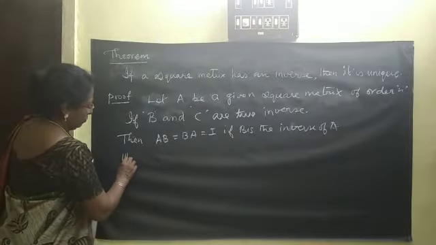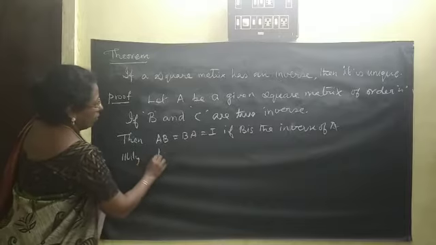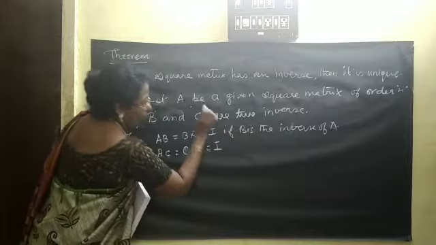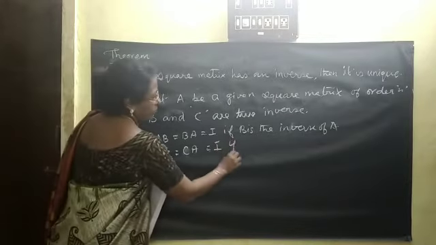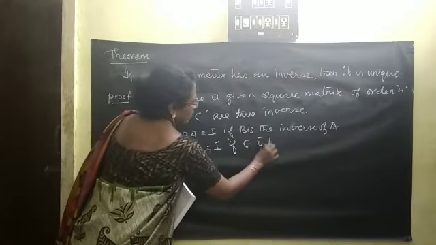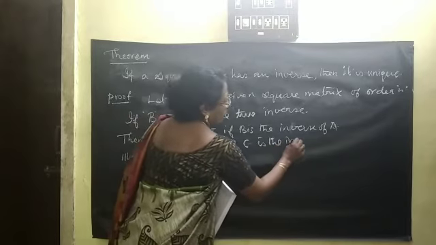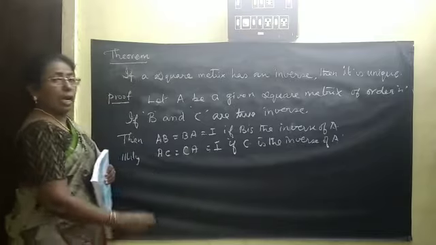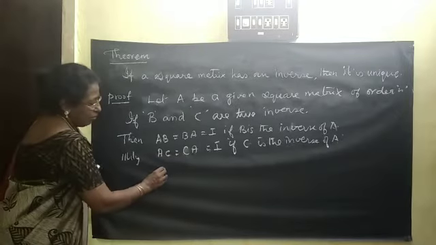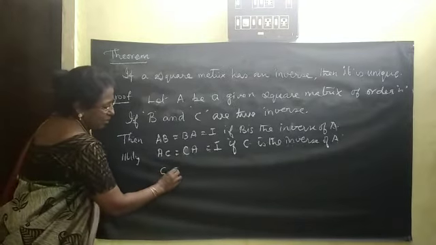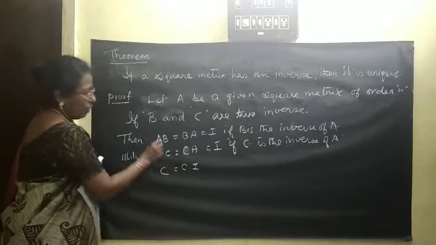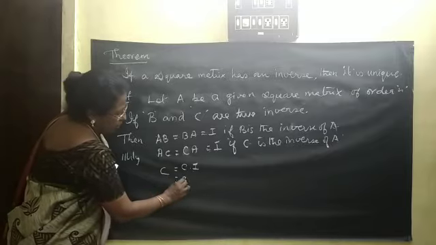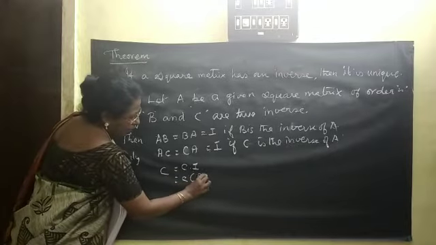Similarly, AC is equal to CA is equal to I, if C is the inverse of A. Now, we can write C as C into I. In the place of I, if we replace AB, it is going to be C into AB.